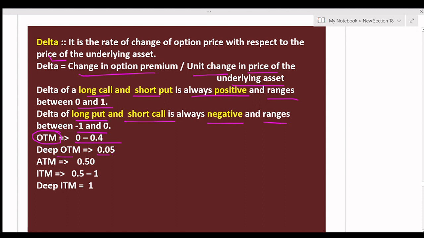It has no intrinsic value but is traded on time value. And ATM, that is, when spot price and strike price are equal, the delta will be 0.5, and ITM is 0.5 to 1, and deep ITM is 1. It was discussed in the last class.